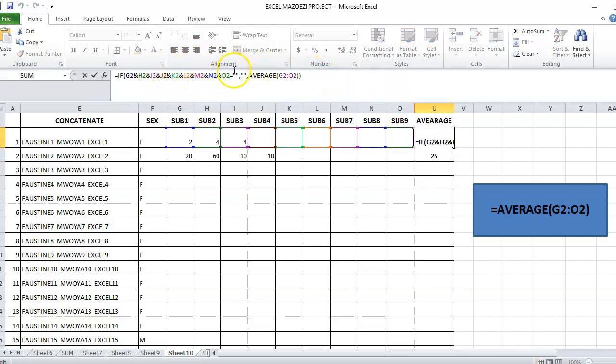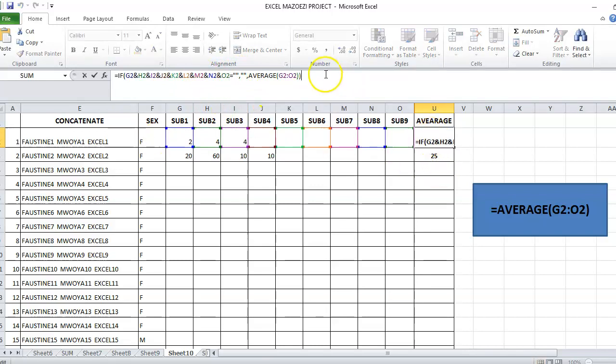The double quotation mark means space. So if in this cell there is nothing, also leave space. But you can also change the formula.